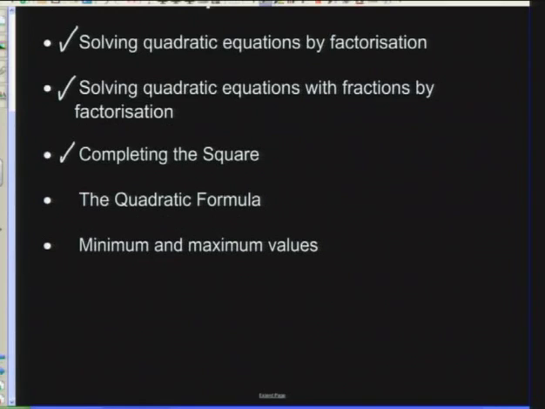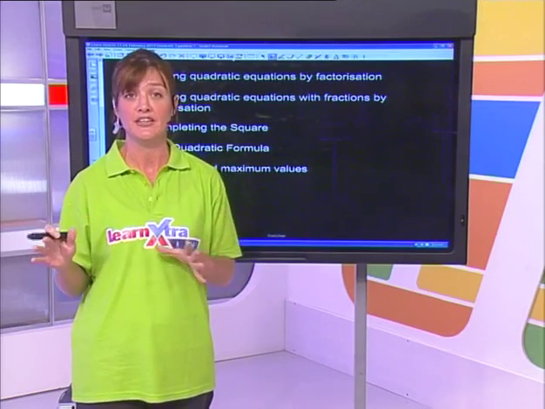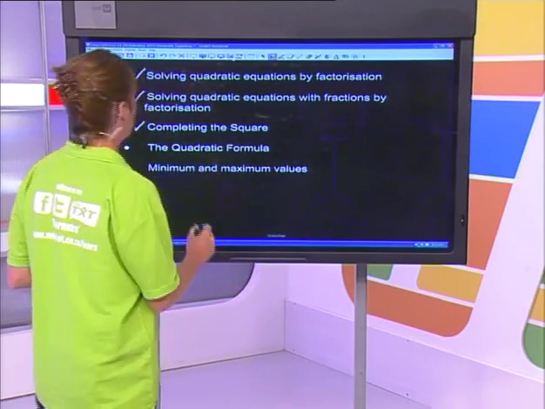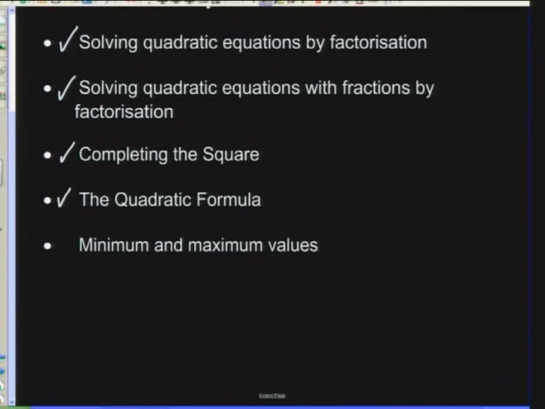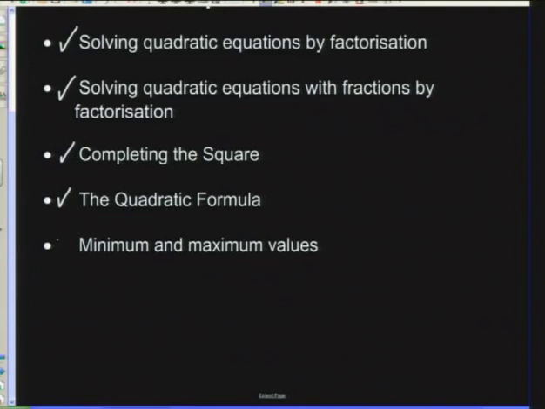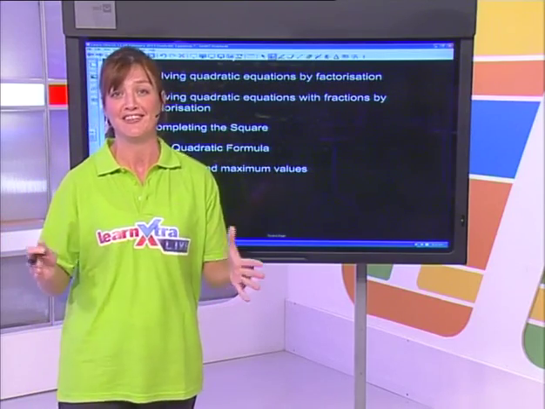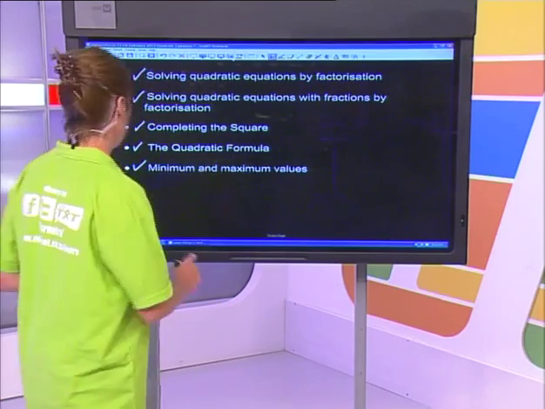I'm sure by now in class you've already had a look at that, so if you're feeling a little bit unsure, we can clarify that for you. Then the quadratic formula, which is always very handy when we cannot actually factorize an equation and we need to find the roots or the answers for x. And finally, something very interesting where we can find the maximum and the minimum values of a quadratic equation by means of completing the square. So lots of interesting stuff we're going to be covering today.